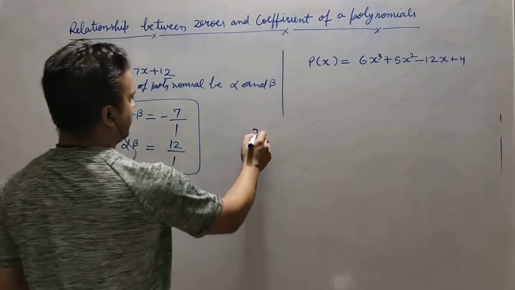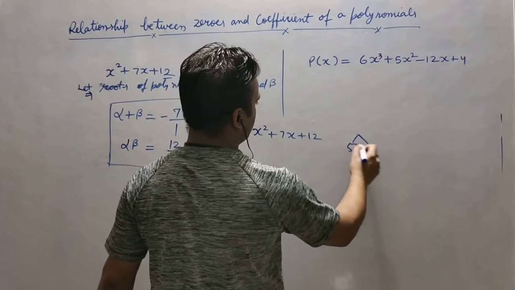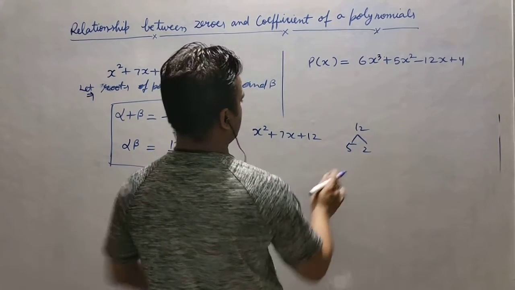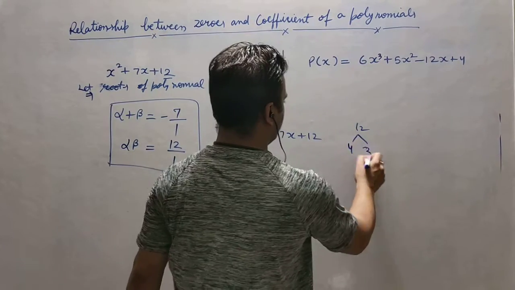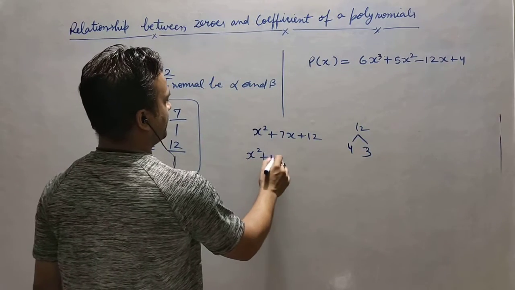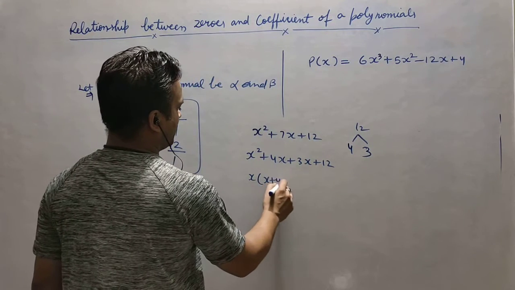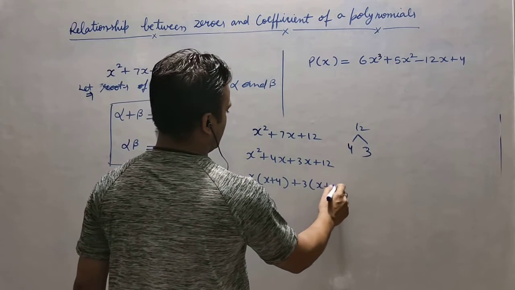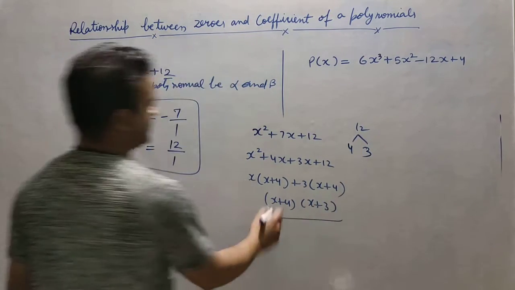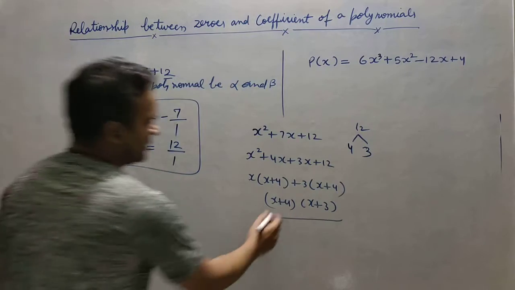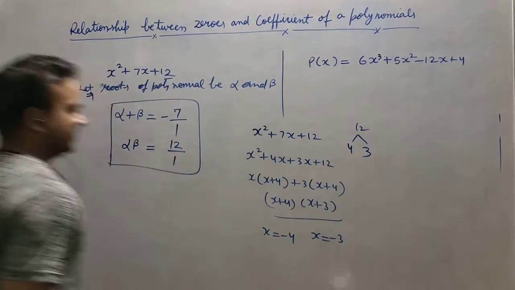So we will do prime factors, middle term splitting here. 4 and 3, because 7 is here. So x square plus 4x plus 3x plus 12, x plus 4 into x plus 3. And what are the roots here? x is equal to minus 4 and minus 3, right?